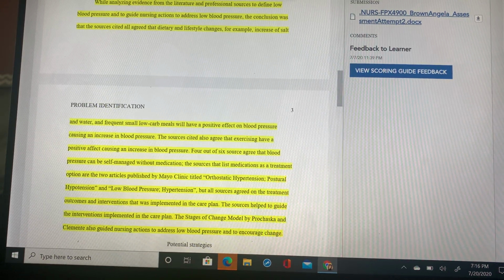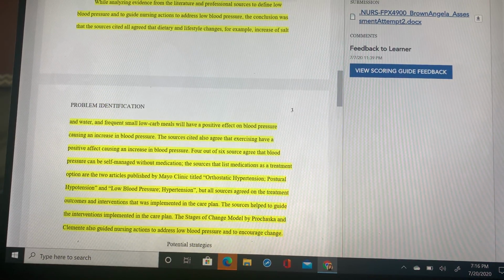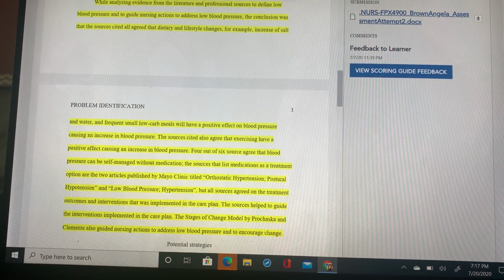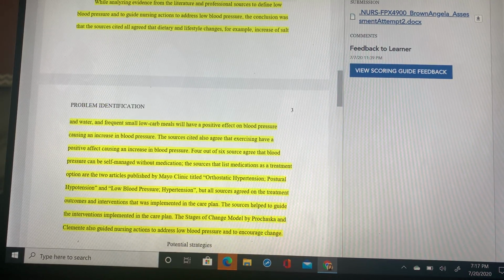4 out of 6 agreed that blood pressure can be self-managed without medication. The sources that list medications as treatment options are the 2 articles published by Mayo Clinic titled Orthostatic Hypertension, Postural Hypertension, and Low Blood Pressure Hypertension.